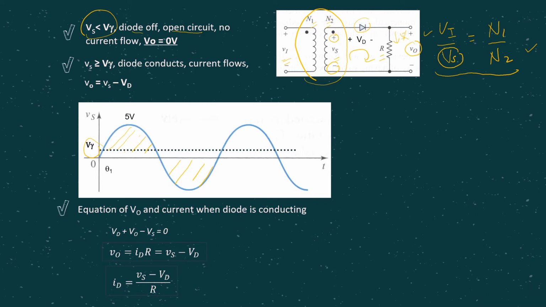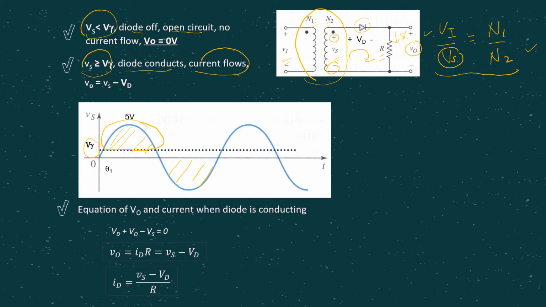Okay, then in the case when Vs is larger than V gamma, which is, we are talking about this portion, where Vs is now larger than V gamma, only at that time the diode will be on, the diode will conduct, then obviously there will be current flow. Okay, then how do we do the analysis on this?